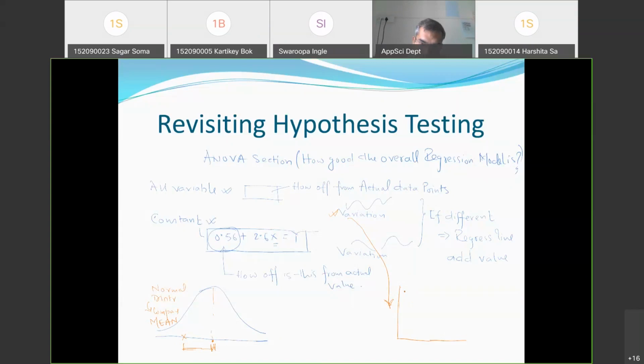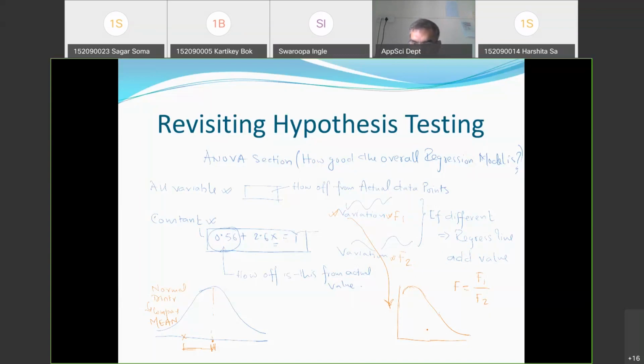The graph mostly is like this, so it's not a symmetrical graph like the normal distribution. So we compare the two variations. Here we will have a variation, say F1, here we will have a variation, say F2. So F1 by F2, this ratio, is called the F value.